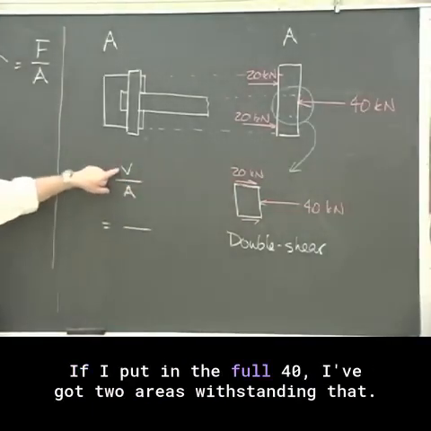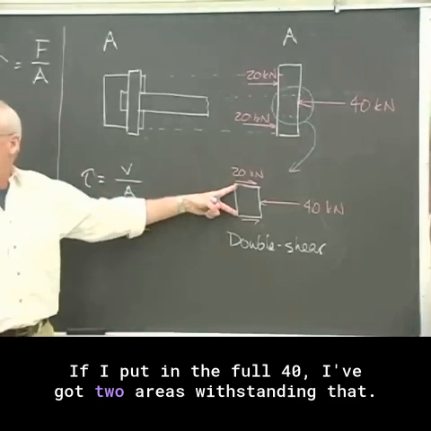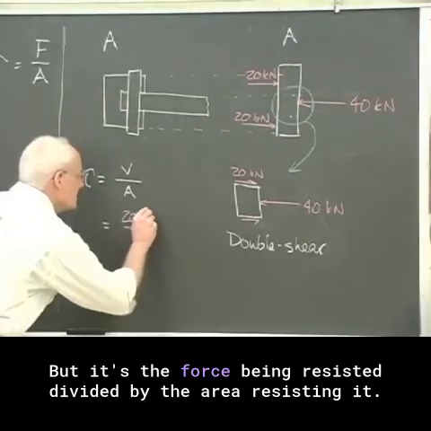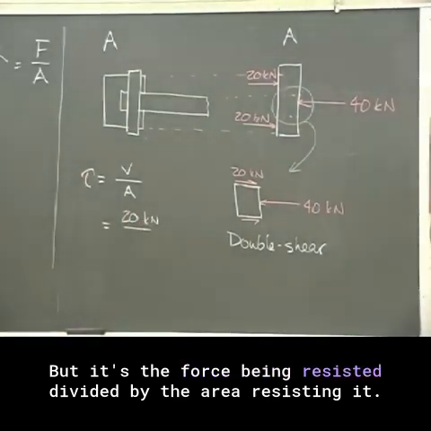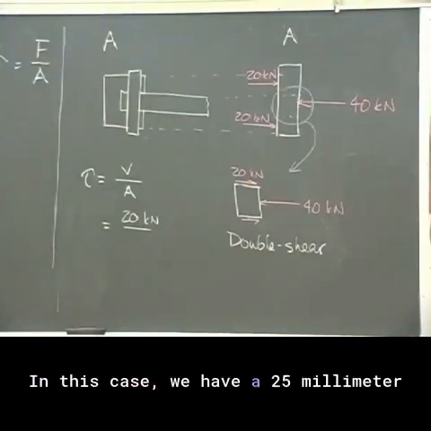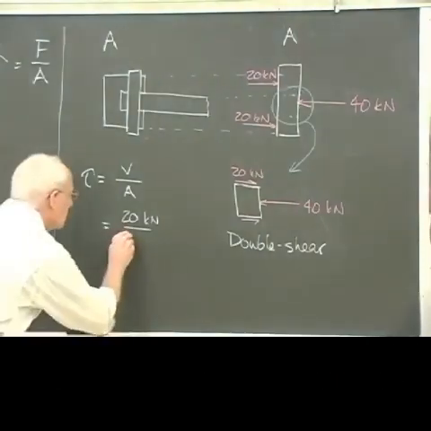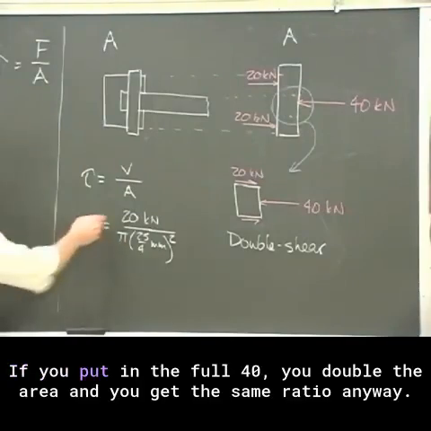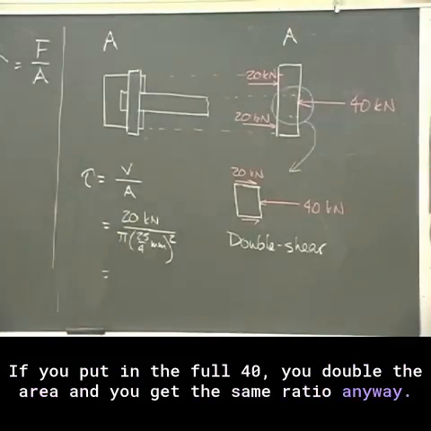If I put in the full 40, I've got two areas withstanding that, but either way the ratio comes out to be the same. It's the force being resisted divided by the area resisting it. In this case we have a 25 millimeter diameter, so just one of those areas is withstanding the 20 kilonewtons. If you put in the full 40, you double the area and you get the same ratio anyway.